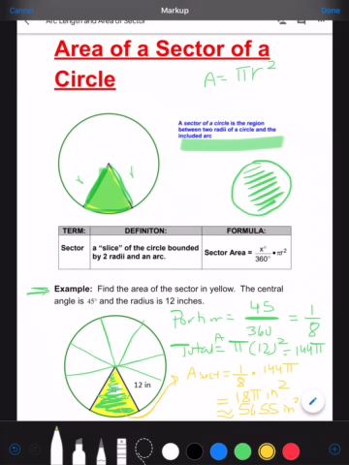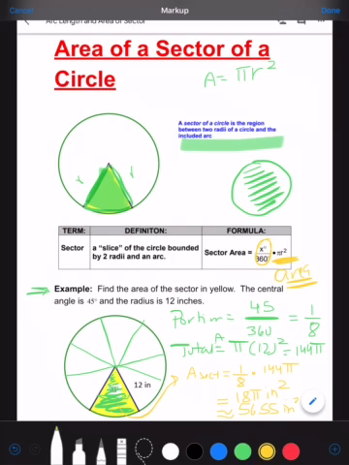So I want you to see the similarities with the arc length, okay? We're talking about portions of the circle, but this time we're talking about a portion, which is x over 360, the angle that you have out of 360, a portion of the area, okay? So that's going to be key here.